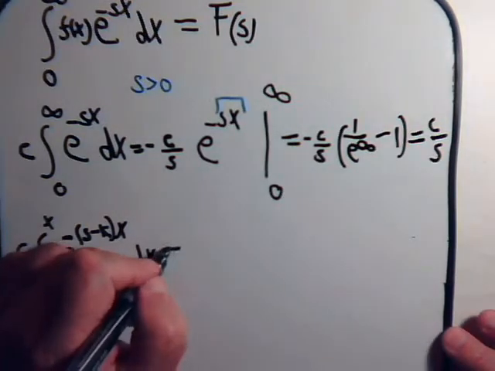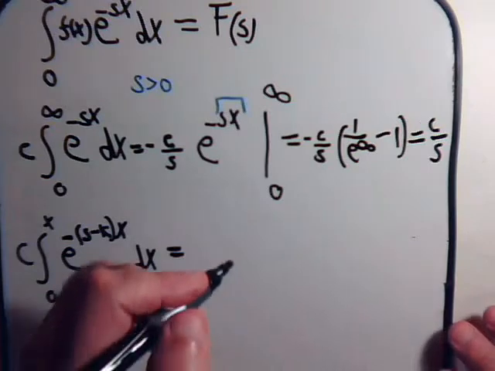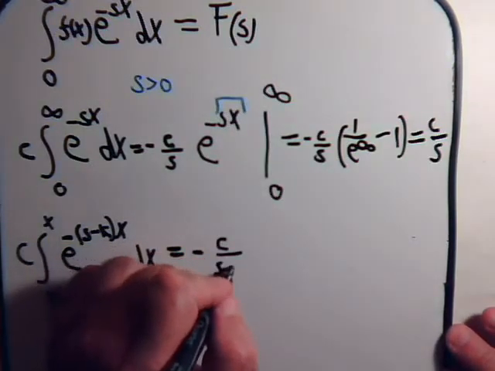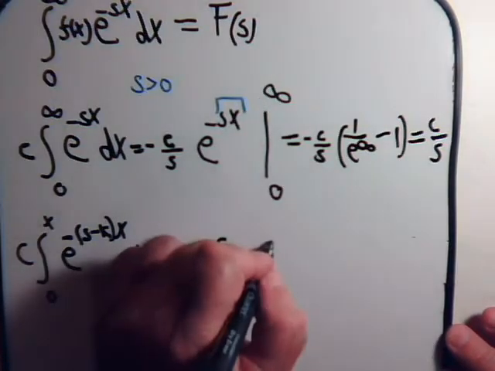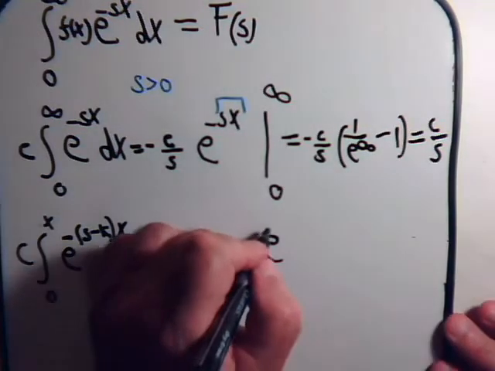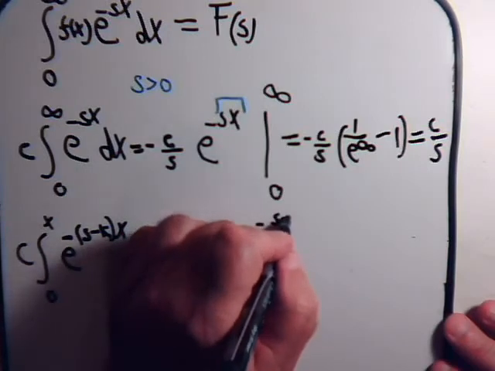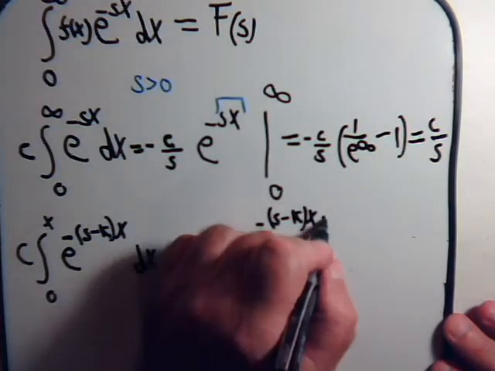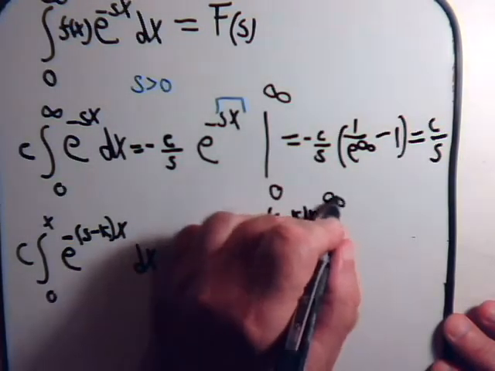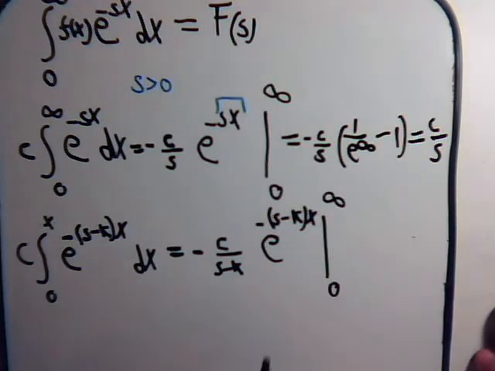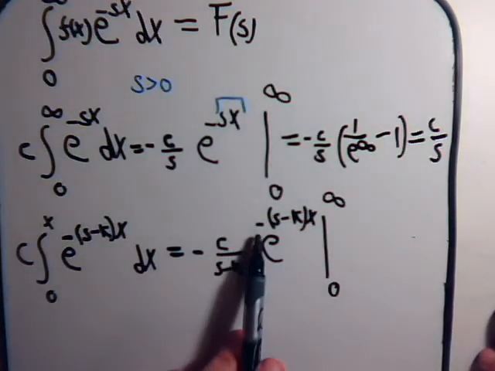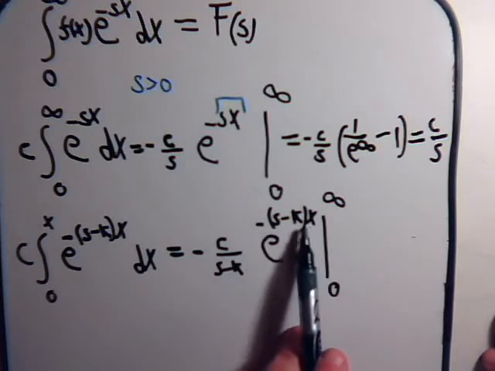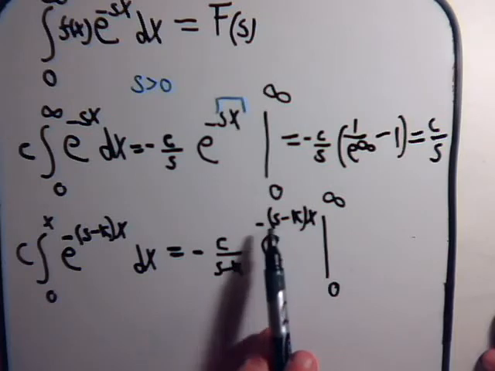And this will be equal to minus c over (s minus k) times e to the minus (s minus k) x, where x goes from 0 to infinity. So if this part here is negative, then we want to make certain that this part in here is positive, so that we have e to a negative power.